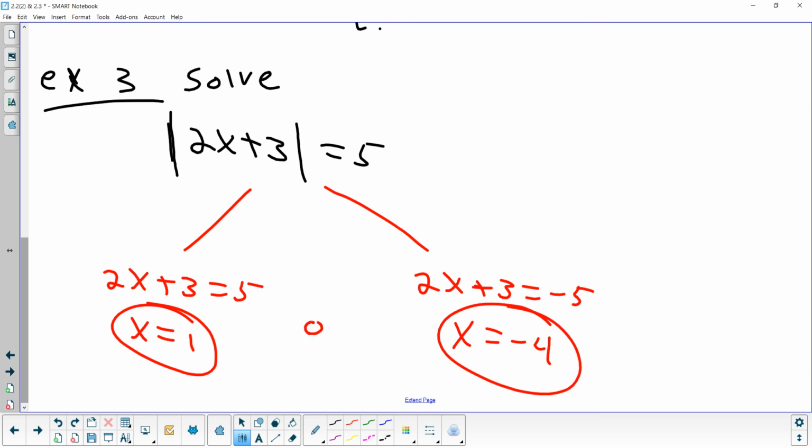And usually you put "or" between the two answers: x equals 1 or x equals negative 4. Okay, and that's how you solve an absolute value equation. Any question on that?